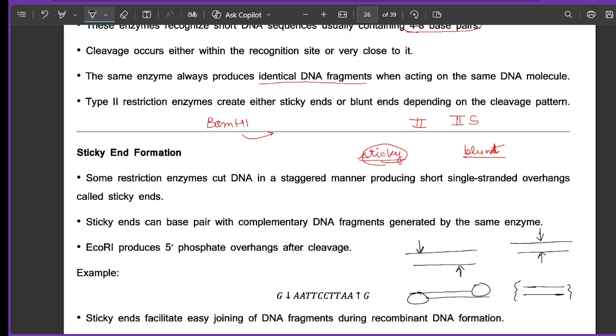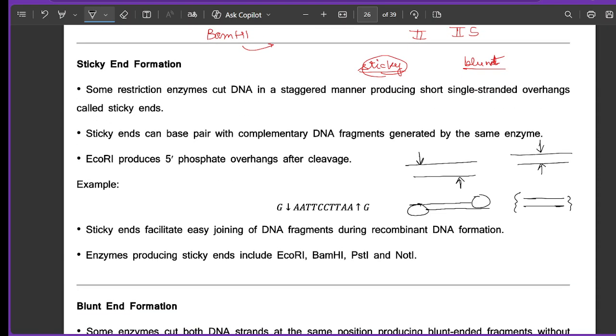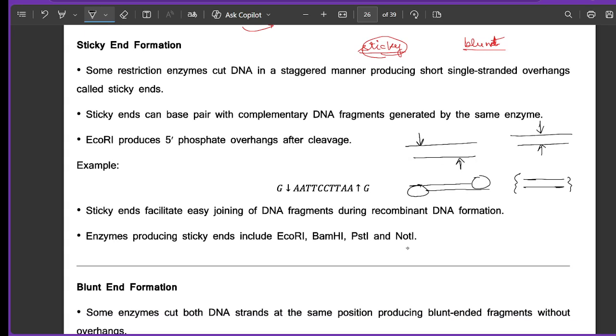So either the sticky end can be produced or the blunt end could also be produced. So there are generally 5' phosphate overhangs when cut by EcoRI. Means after 5' there are certain sequences which are the overhangs left over when cut by EcoRI. Now these sticky ends are very important because they can easily facilitate the joining of that particular DNA into the vector.